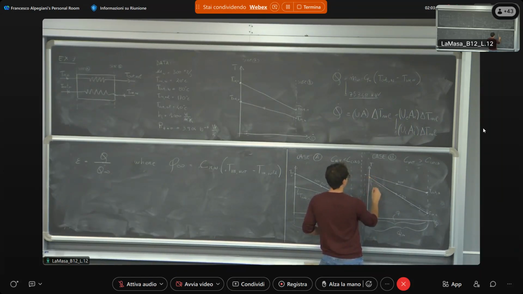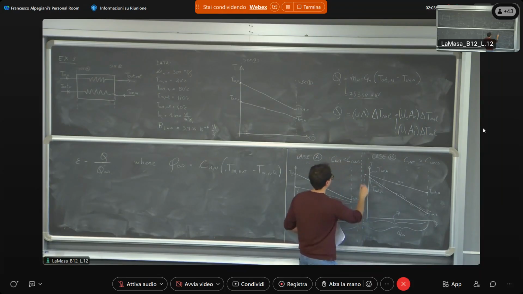This is the real temperature of the cold fluid at the outlet, and this is the inlet temperature of the hot fluid, okay?